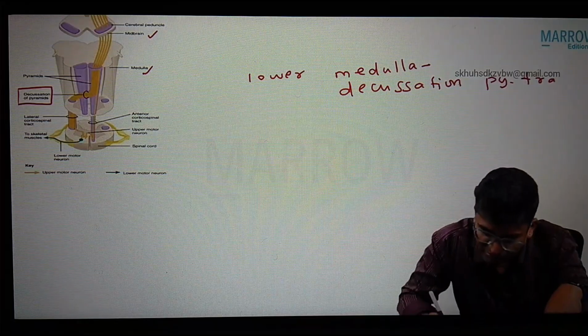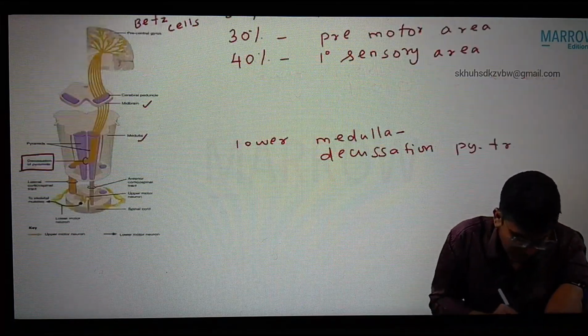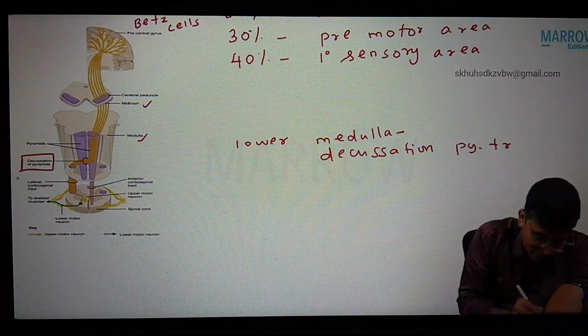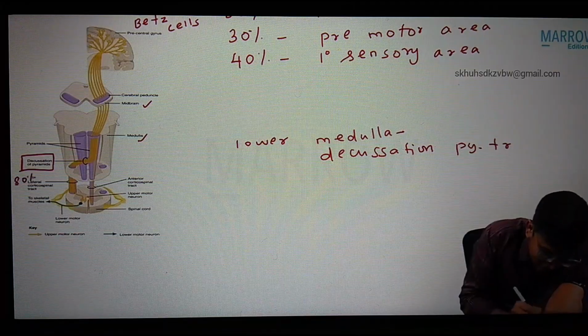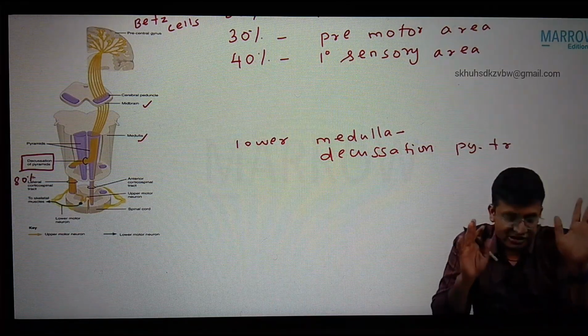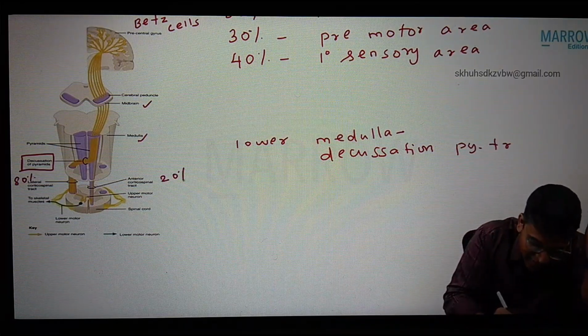Decussation of the pyramidal tract. Now, what percentage of fibers will cross, sir? 80% of fibers will cross, and they continue as the lateral corticospinal tract. 20% of fibers do not cross in the medulla, and they form the anterior corticospinal tract.